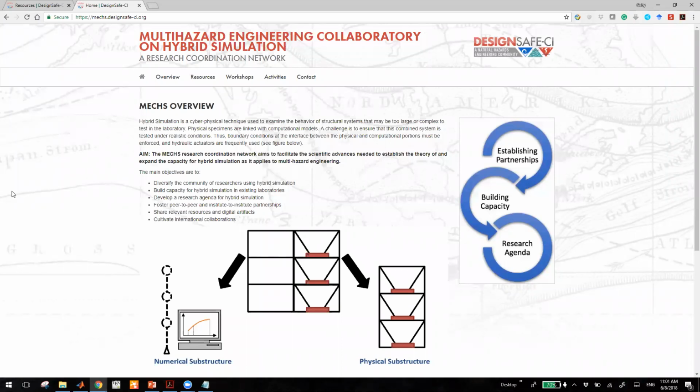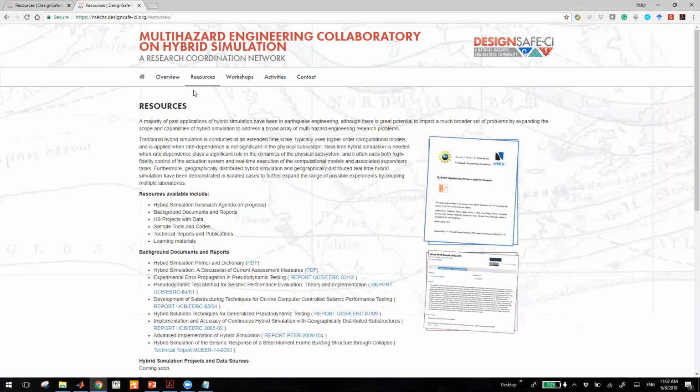Currently, it has different resources contributed by researchers, developers, and users of hybrid simulation. You can find all the related resources under the resources tab on the MECHS website.